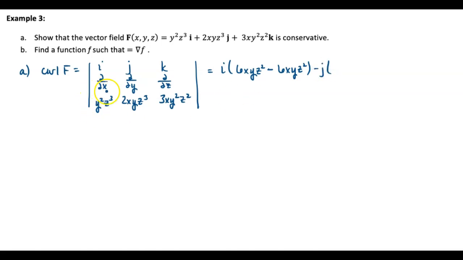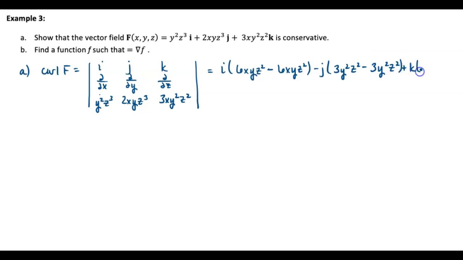Minus our j component, which is the partial with respect to x of 3xy squared z squared. Treating y and z as constants, this is just going to look like 3y squared z squared. And subtracting from that the partial with respect to z of y squared z cubed, which is going to look like 3y squared z squared.